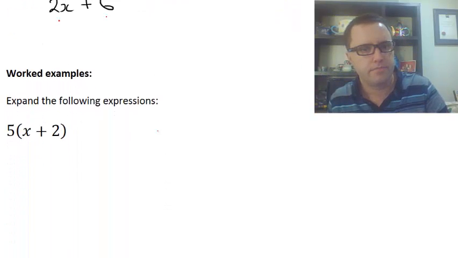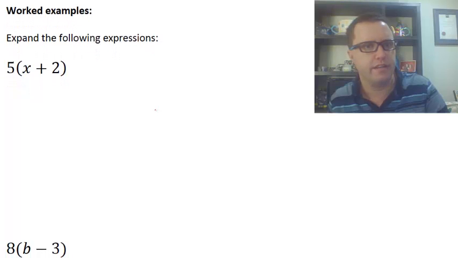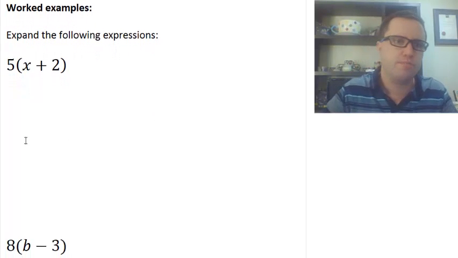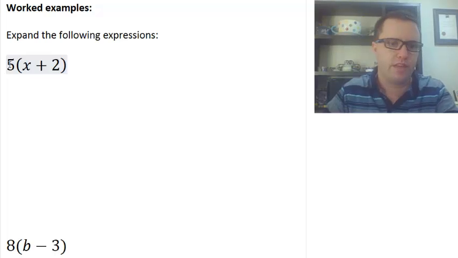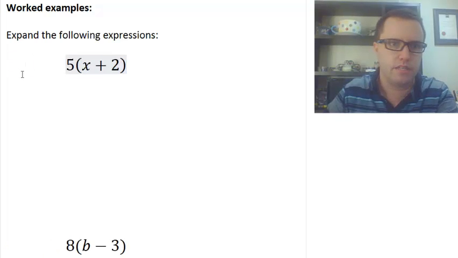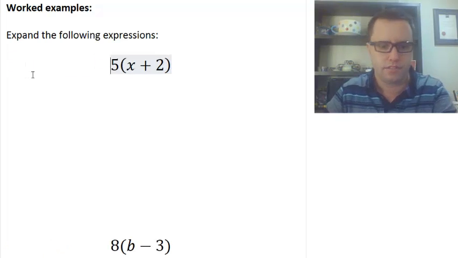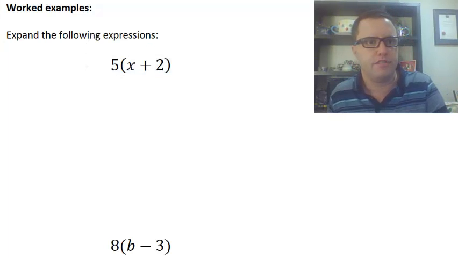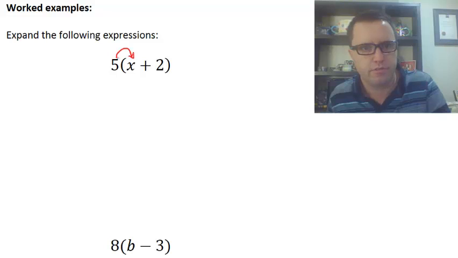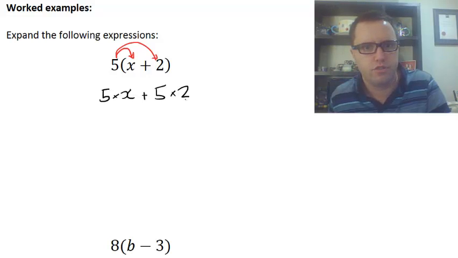A couple of worked examples for us to look at. Expand the following expressions. Can I move this out a little bit? There we go. It's a lot easier to work with now. So we have 5 times (x plus 2). So let's put our arrows. 5 is multiplied by the x and by the 2. So we have 5 times x plus 5 times 2, which is 5x plus 10.